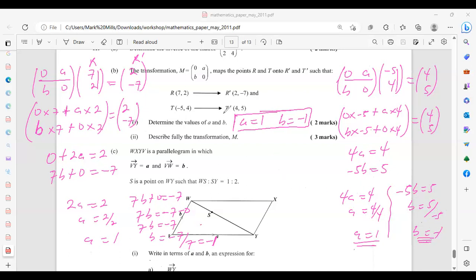Yes, sir. Now, the question is this: they ask to describe fully the transformation of M, right? I need to describe fully the transformation of M. So how do I describe fully the transformation of M? That's where we want to reach now.